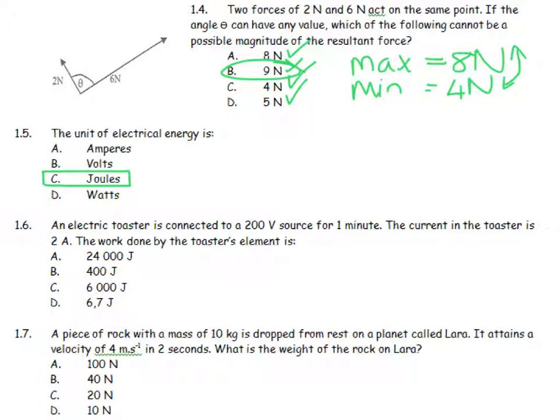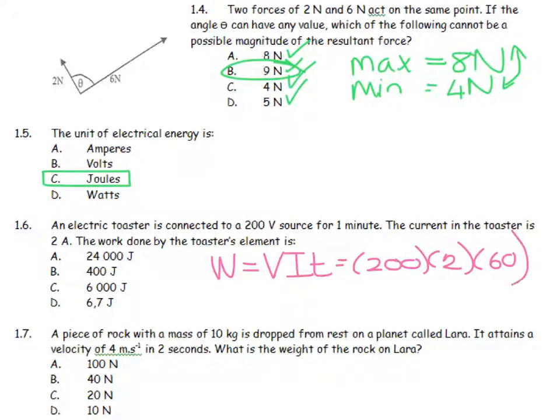So we've got a whole lot of equations for work done, but we would like to use VIT because we've been given a V, we've been given an I, and the T is going to be equal to 60. So that lands up being 400 times 60, which is going to be 24,000 joules.